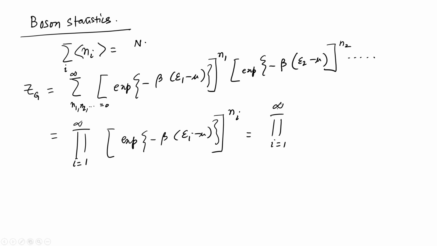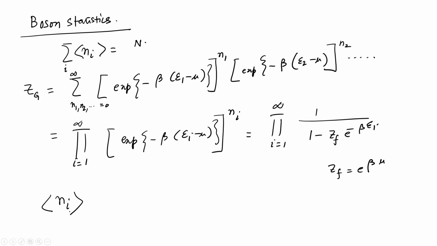and we again get this product from 1 to infinity. Inside we can do a GP series sum, and we get 1 minus z_F exponential minus beta epsilon_i. Okay. You know that z_F is nothing but equal to exponential beta mu. Okay. So, combining this, we can write down this n_i average.